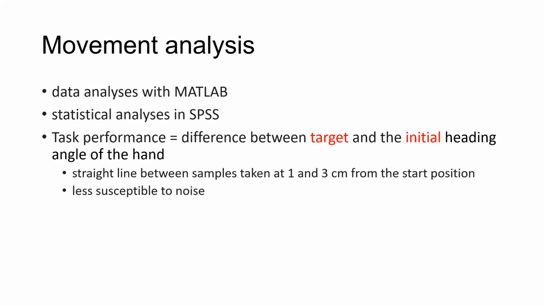And this initial movement was determined by the first 3 centimeters from the start position. They chose initial heading angle instead of their ending point, because this measure was less susceptible to noise introduced by some symptoms associated with damage to the cerebellum.